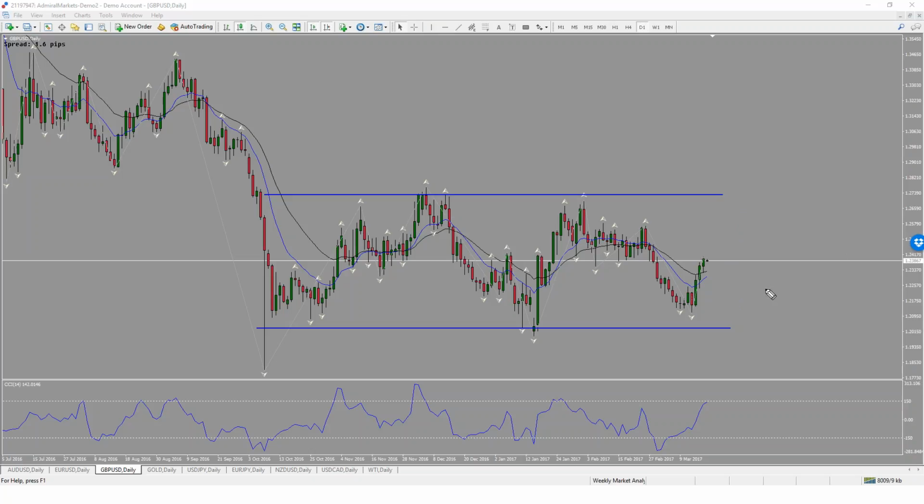What's going to be interesting, if Article 50 does get invoked this week, is to see how far we can break down. I believe there's probably a lot of orders already starting to build up in this area, because we've come down here before and tested it.